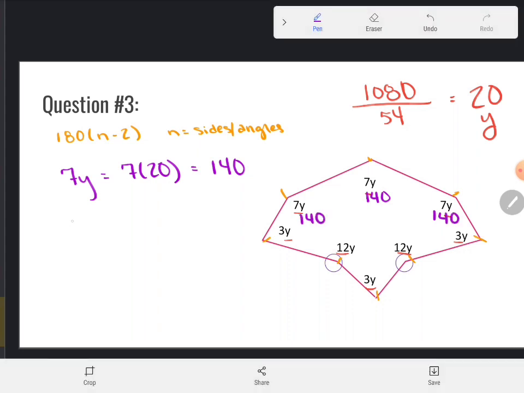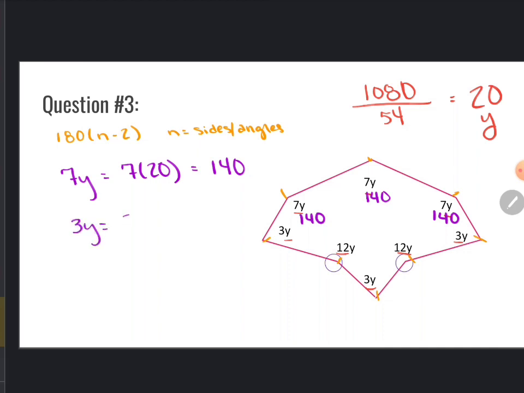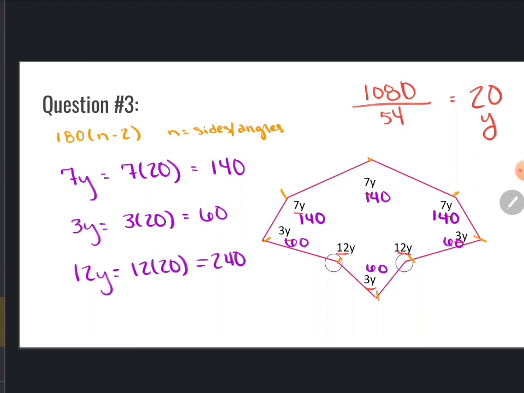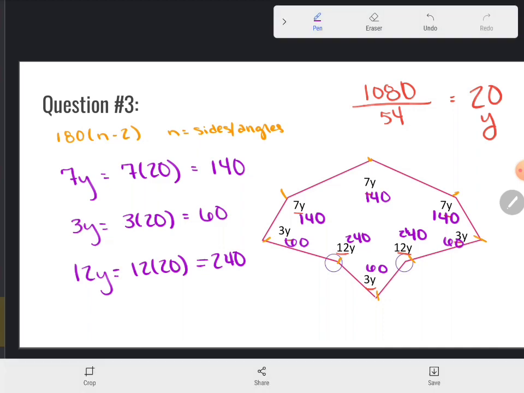Then we'll look at our 3y, which will be 3 times 20, which will be 60. So each 3y will be 60 degrees. And then we look at our 12y, which is 12 times 20, which will be 240. So each 12y should be 240. And that will be the measurement for each angle that we have.